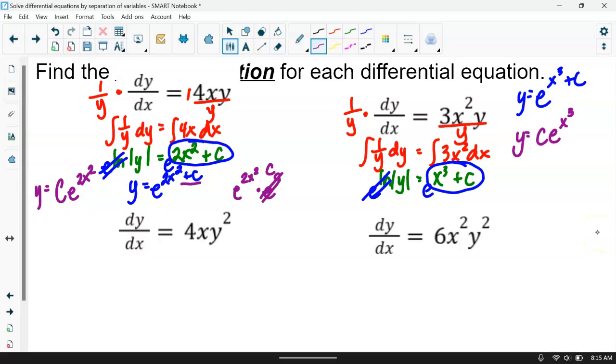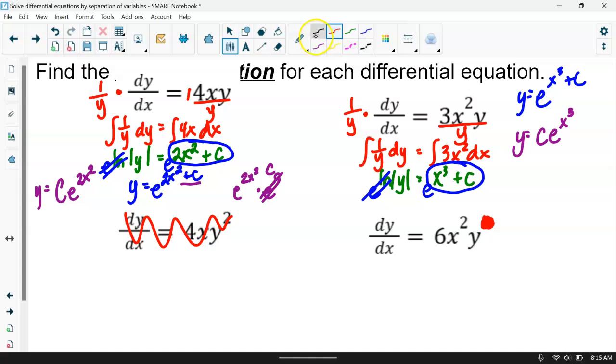So here, let's pause the video. I'm going to go ahead and actually realize we're not going to do this one, and let's just change this, just to make sure you're good to go with this type of problem. So the 6x squared times y.